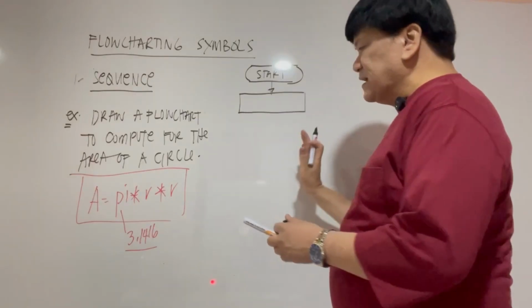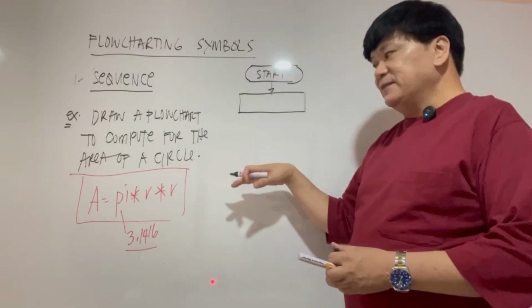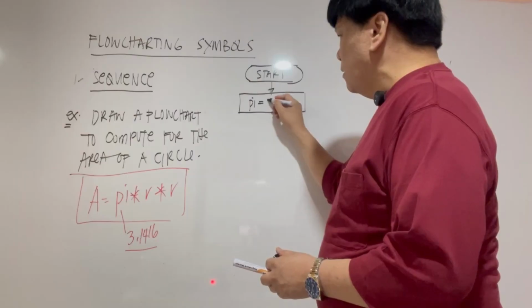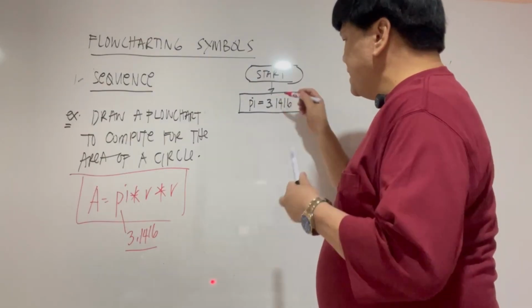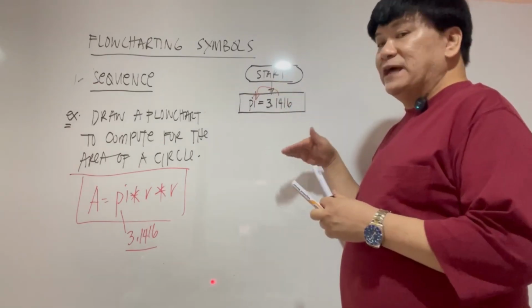Why? Because we are assigning a value, so there is an action happening there. So we assign 3.1416 to PI. We set that first before we do the input.